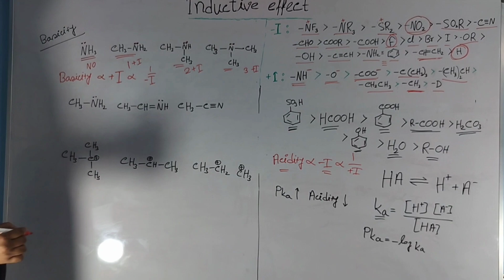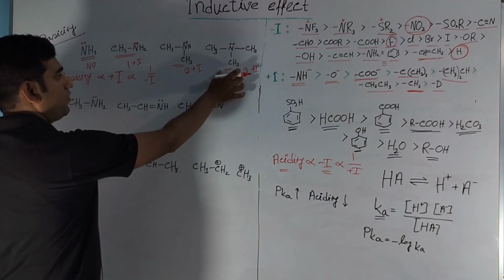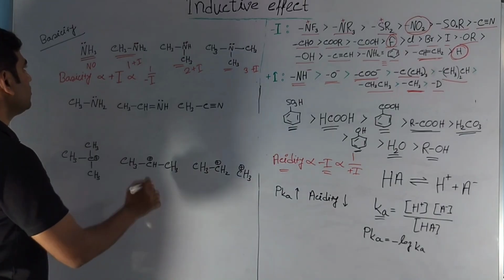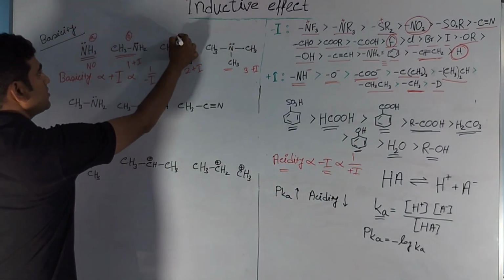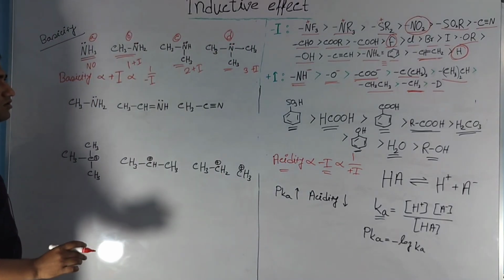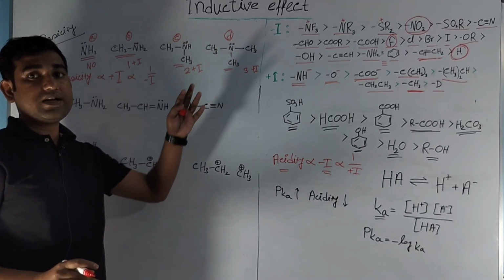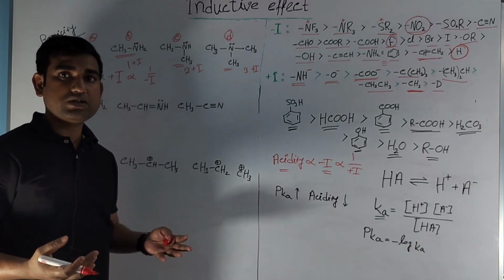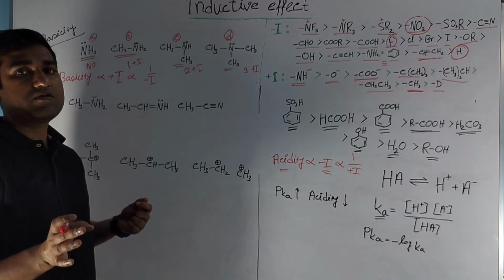So 3 plus I groups means the electron donating power of the fourth molecule is highest. Call them A, B, C and D. The D molecule's electron donating power is 3, so that nitrogen is electronically more rich, and electronically more rich means the basicity of the molecule is higher.